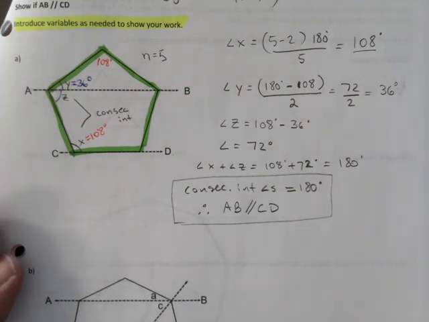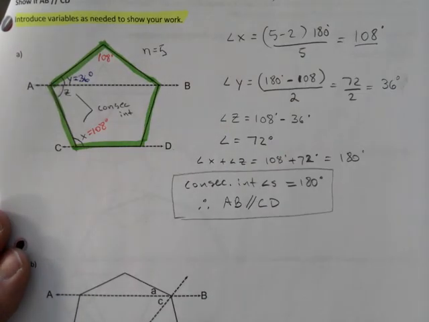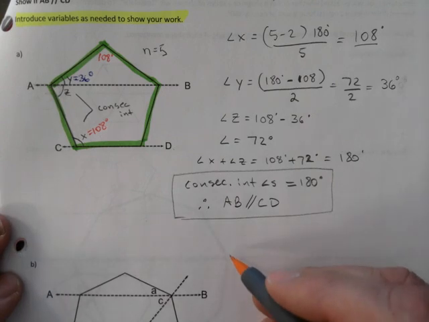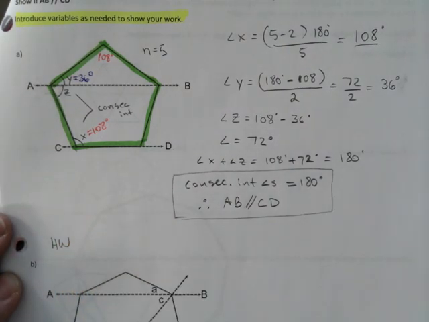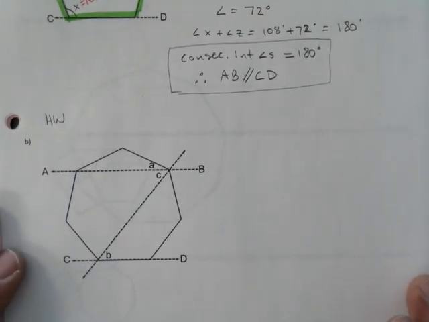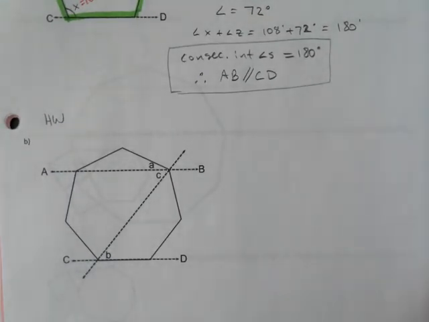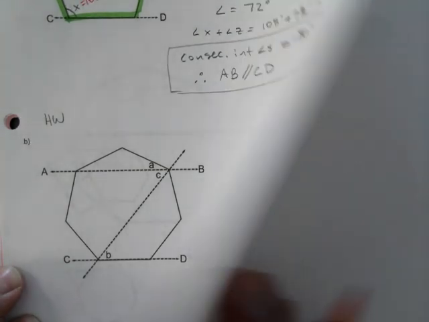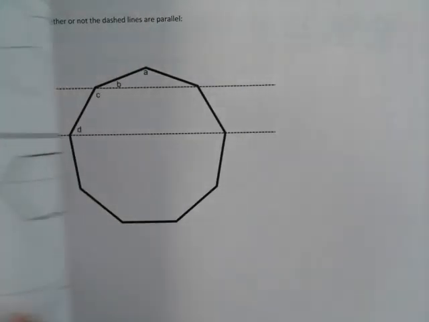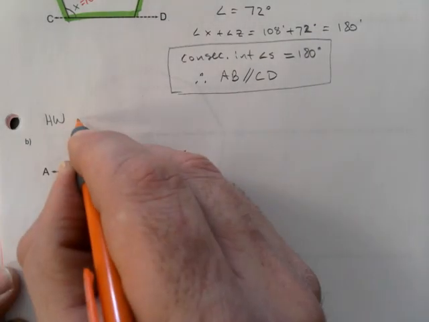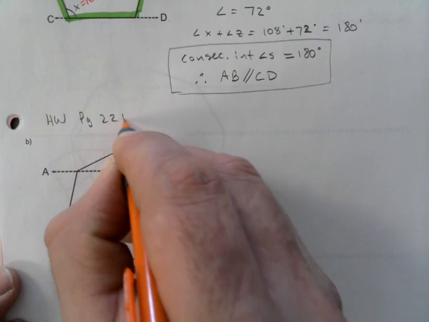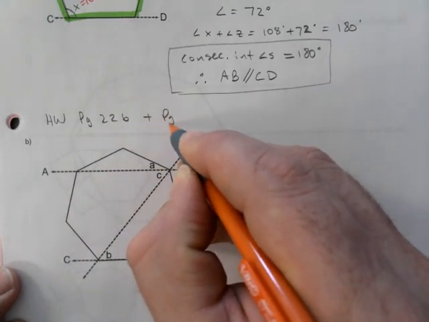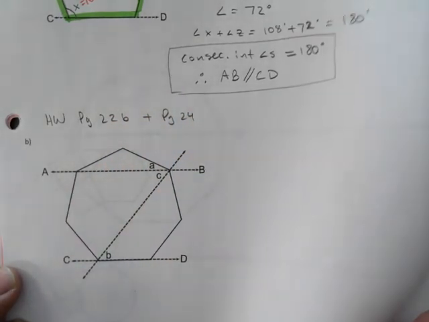Okay. I'm going to leave you now. This is it. I'm not going to talk more. So homework is this one down here, right? I actually put a bunch of variables in there to help you out. There's one more like this if you want on page 24. Page 22B plus page 24. Let me just check here.